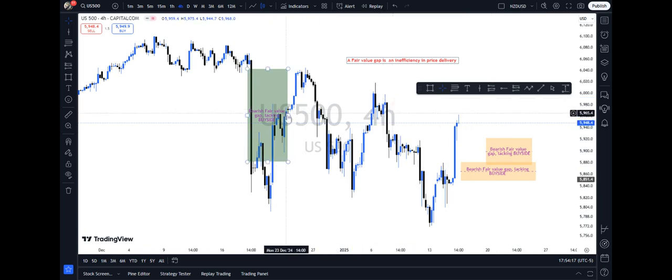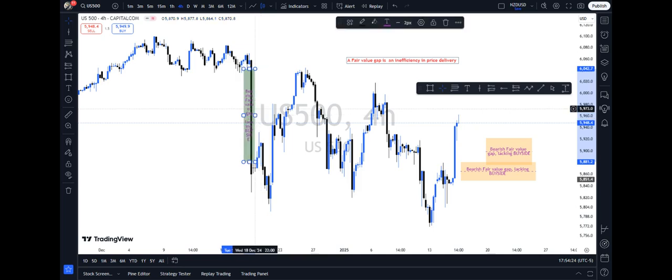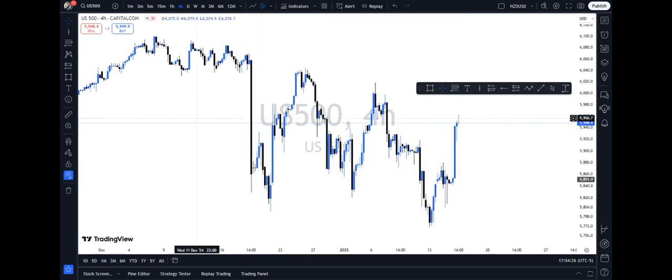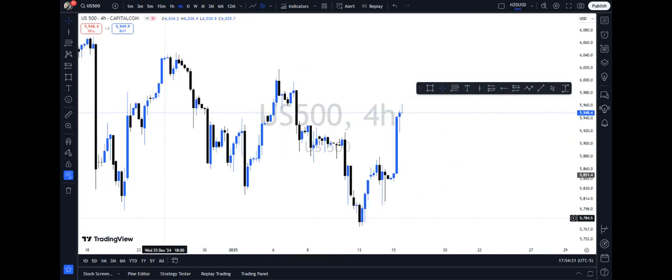This black candle you're seeing, this is a fair value gap.